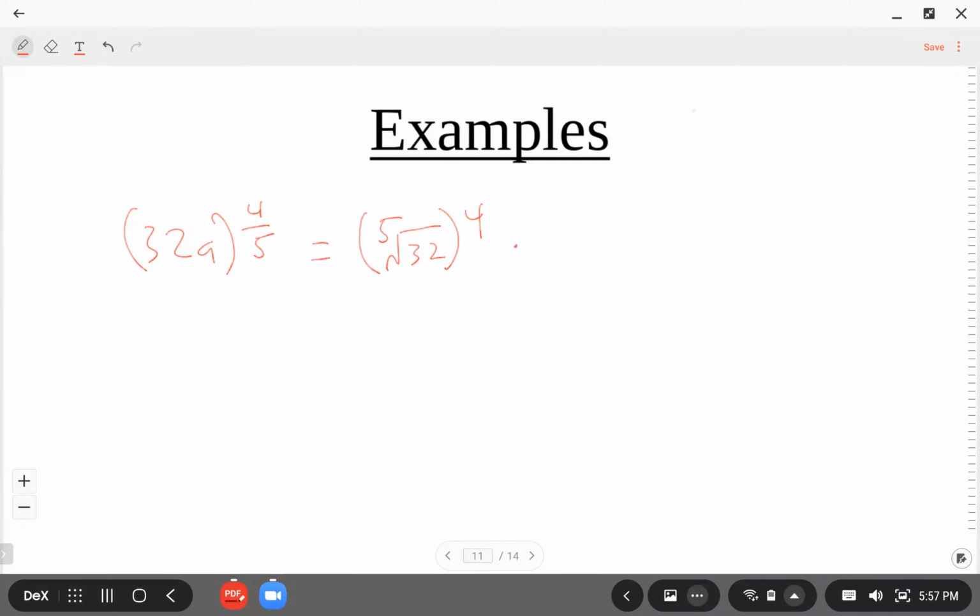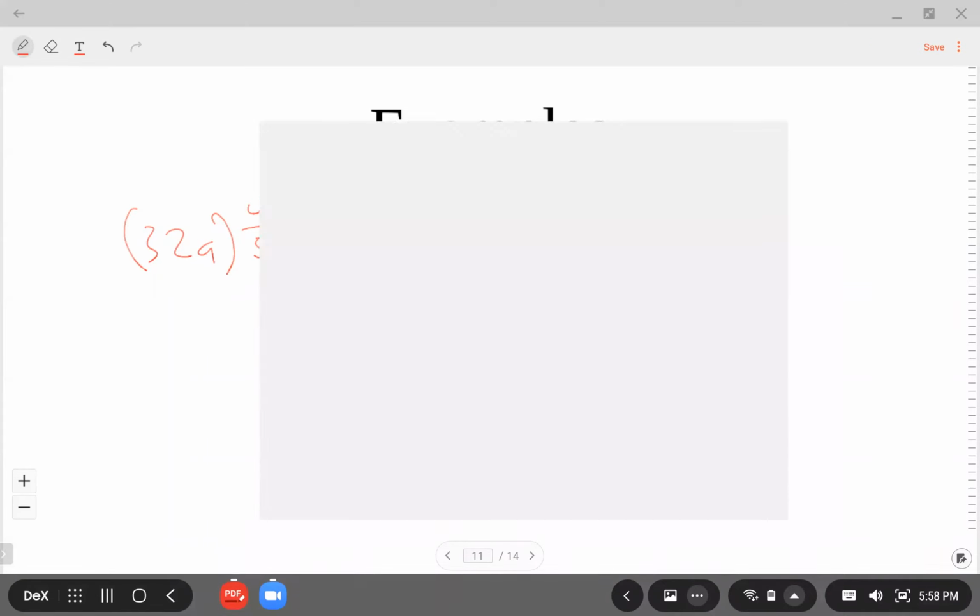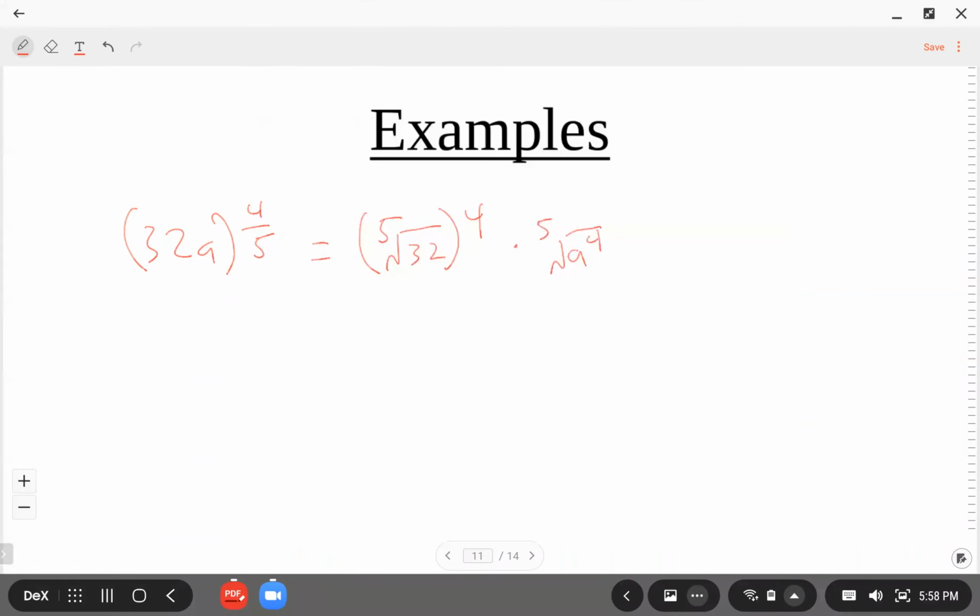Okay. So we also have this. Okay, we're done here. So we raised both of the terms, numerals and the variables, okay, to that 4 over 5 power. Okay.